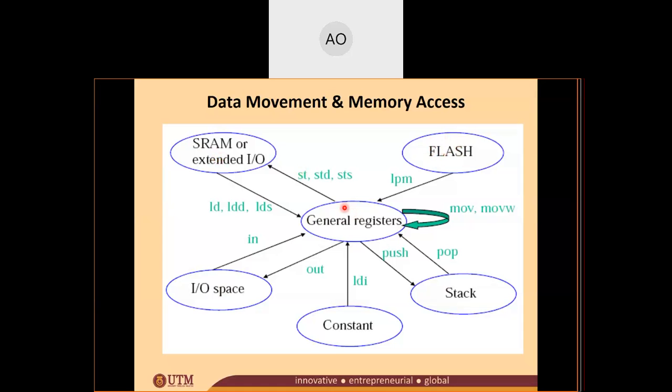If you're going to move data from one GPR to another GPR, you can use the MOV and MOVW instructions. These two instructions are used to move data from one GPR to another GPR.